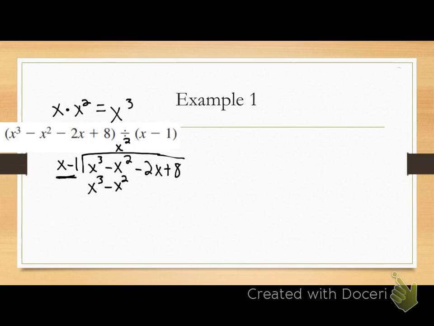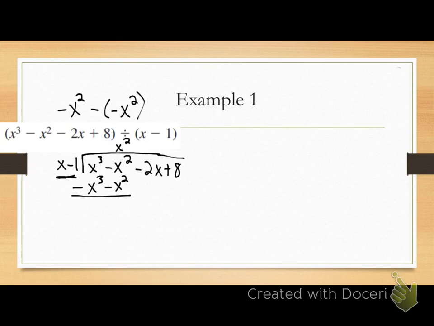After we multiplied, what did we do? Subtract. We're going to subtract right here. So I have negative x squared minus negative x squared, correct?